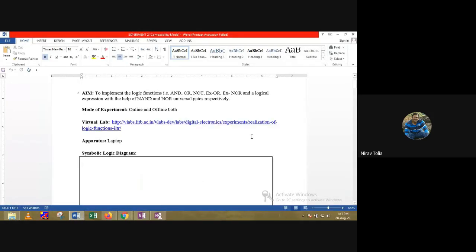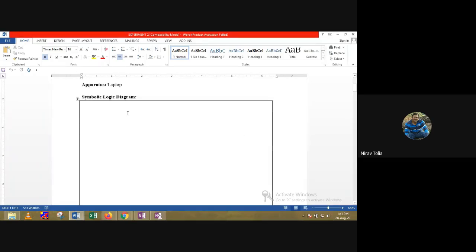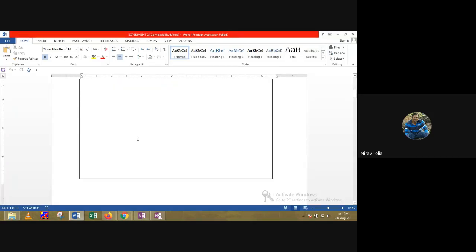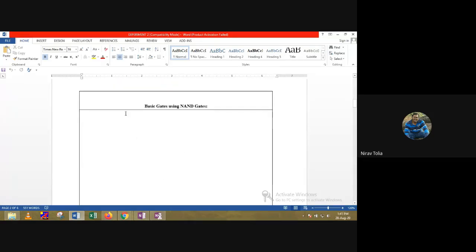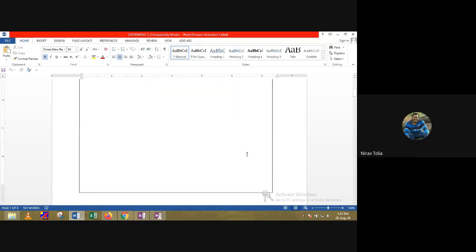So this is experiment number 2. I will share it today only. Here you have to draw the symbolic logic diagram for the NAND gate and NOR gate.